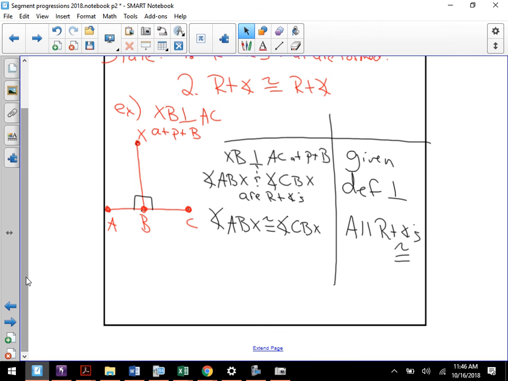That's how this stuff works. As you go through progressions, you might have to use one in conjunction with another. Perpendicular is one of those examples where you have to tie two together. You say that you've got right angles, and then we know that right angles are congruent.